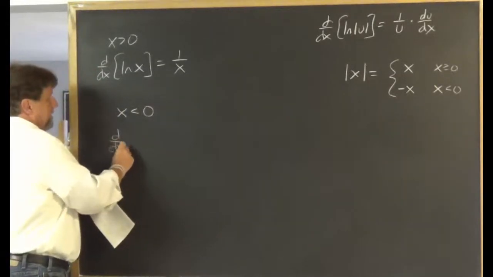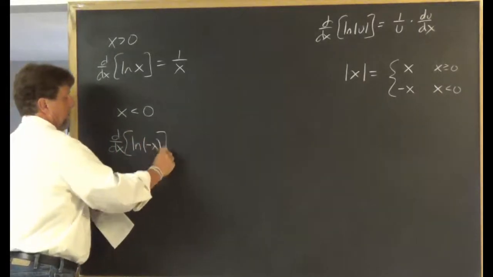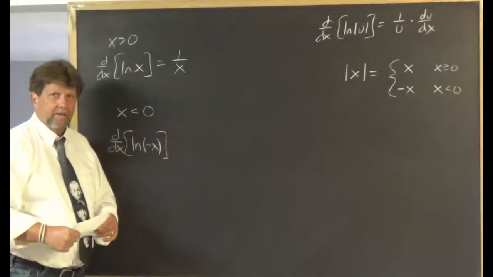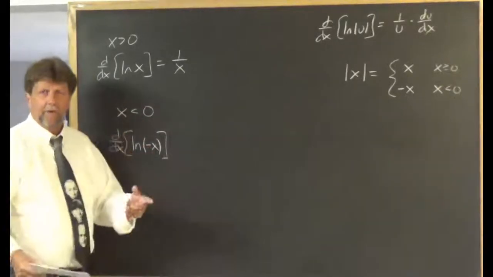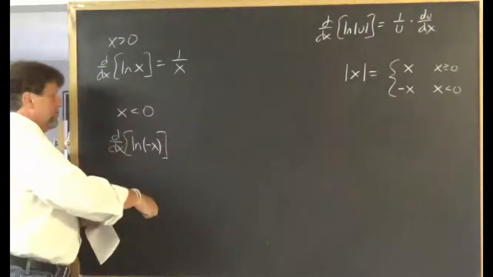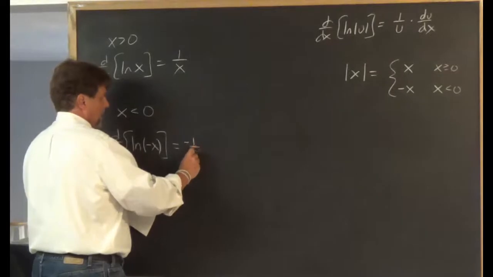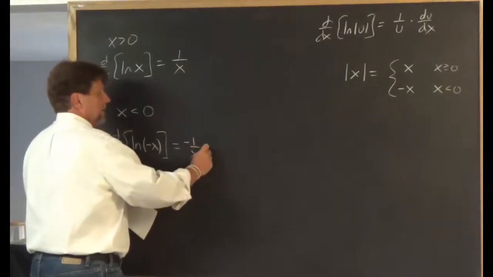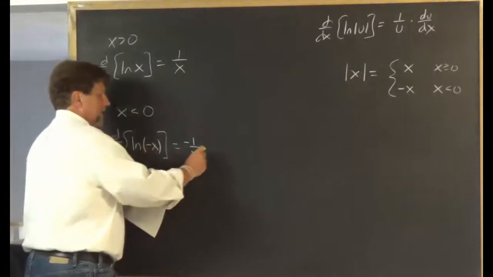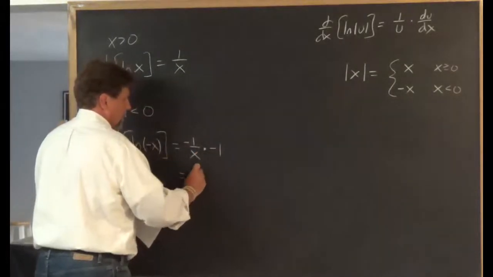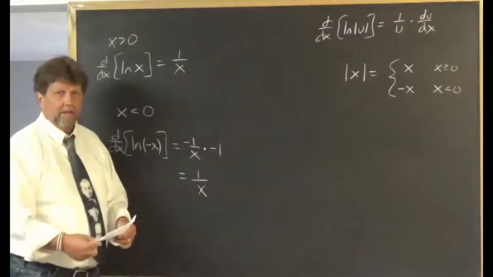So I would have to d/dx the natural log of the opposite of x. If this is negative, the opposite of a negative would be positive. So let's get the derivative of this. Well, the derivative is 1 over negative x times, now the chain rule, the derivative of negative x, which is negative 1, which gives us 1 over x.